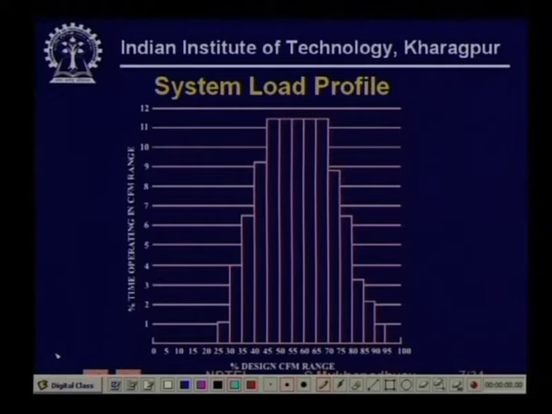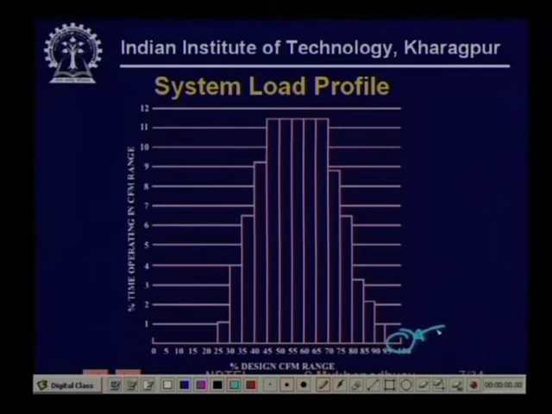So, you see that this is the demand, a typical demand profile. So, it says that this is, let us say, the maximum flow is 100, that can occur, that we are calling 100%.